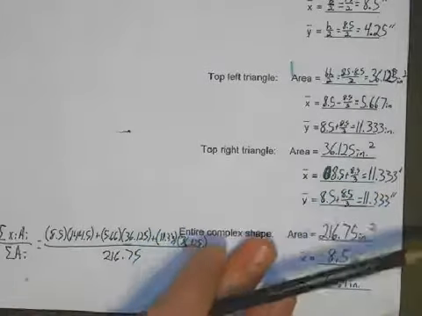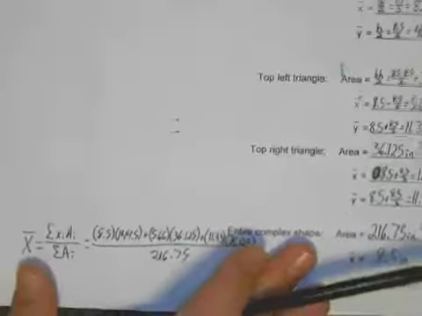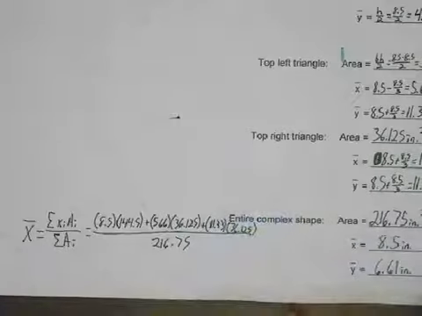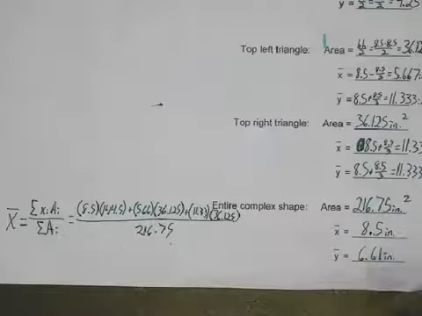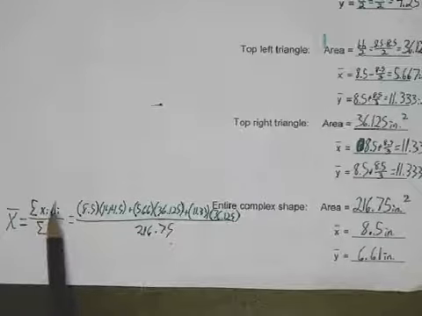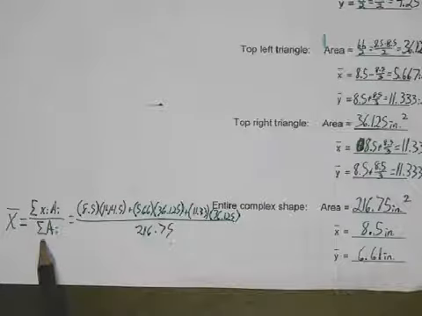How do I do that again? I showed how to do the x. I didn't show the work for the y, but it's the same concept. It's the sum of my centroids times the areas divided by the sum of the areas.